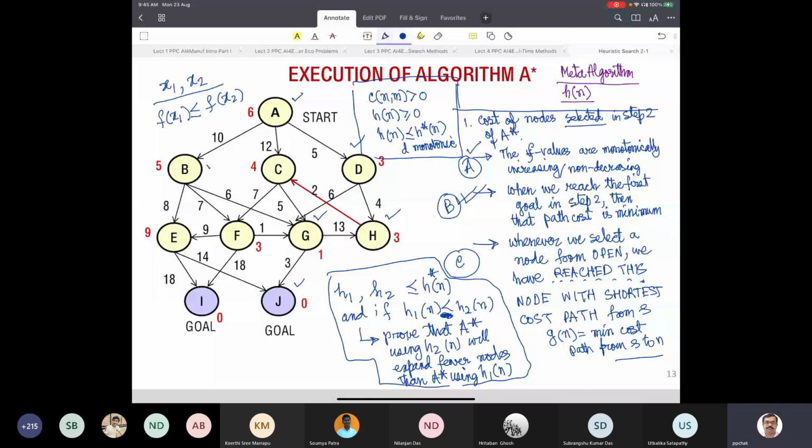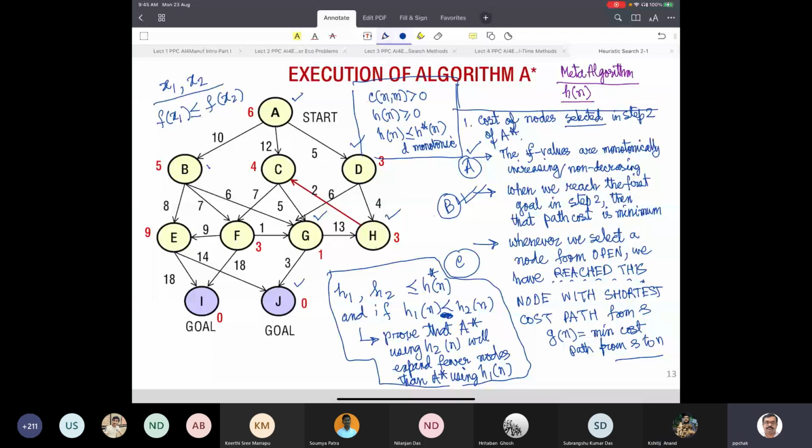Yes, somebody had a question? Sir, we came to the conclusion that if x1 is a node, and I go to the next node x2, then f of x1 should be less than or equal to f of x2. I don't go to the next node. Understand what I'm saying: I selected a node from open in step 2 in iteration i.